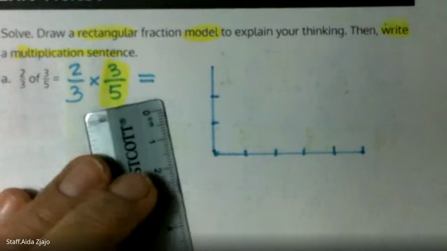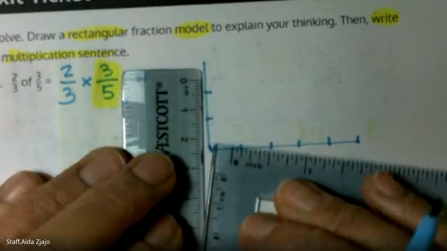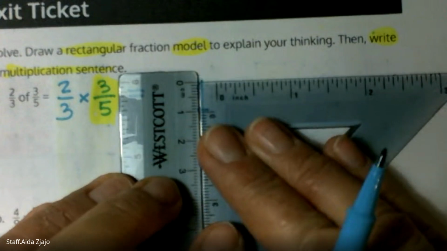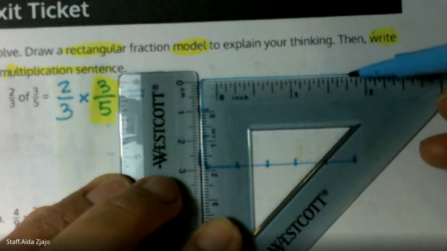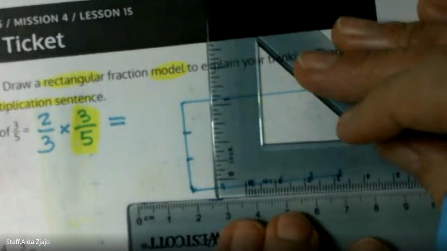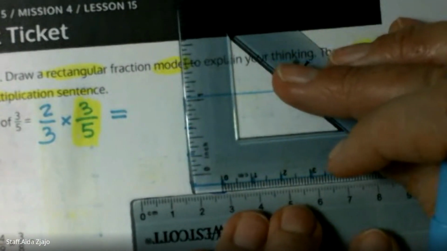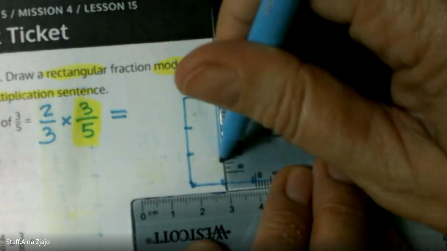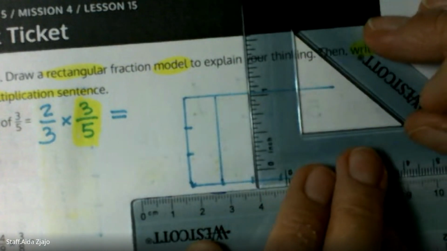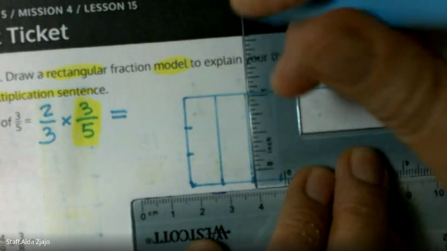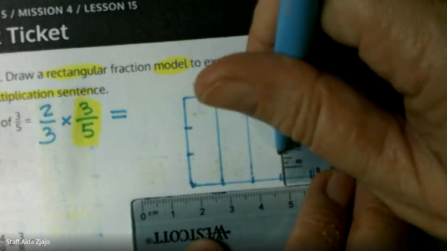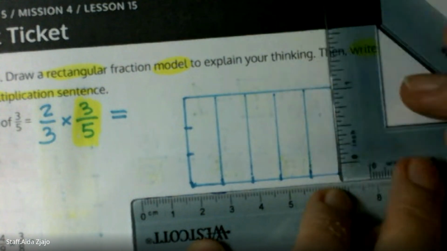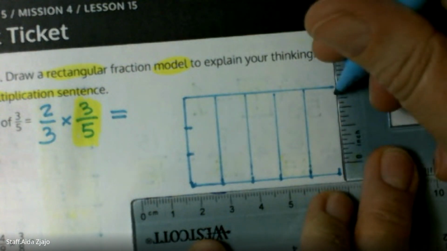I will make the fifths. So vertically, I will have 1/5, 2/5, 3/5, 4/5, and 5/5.